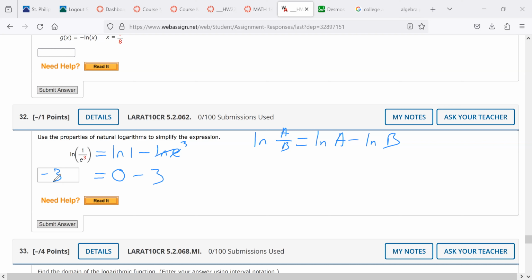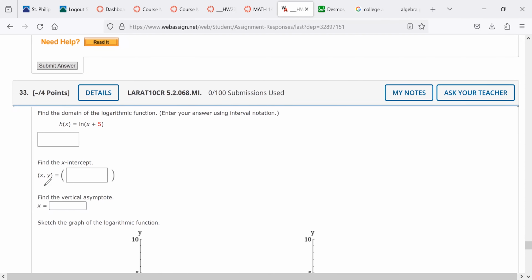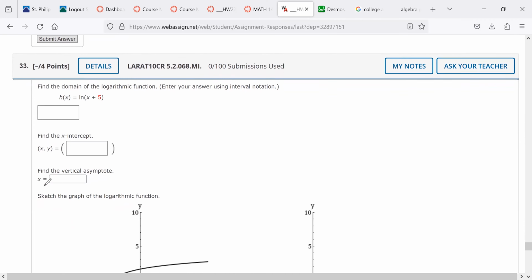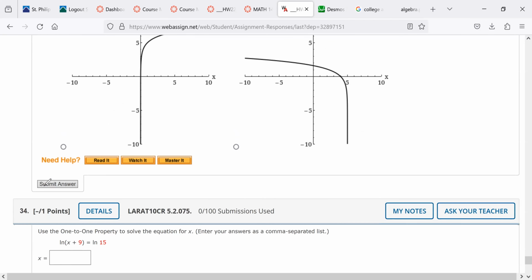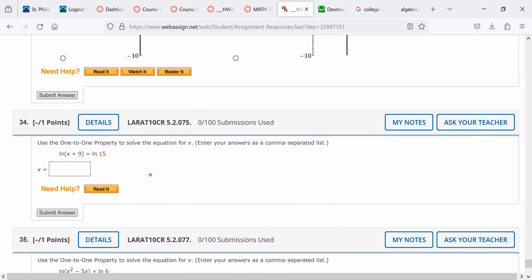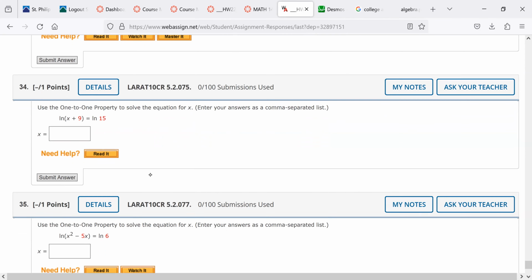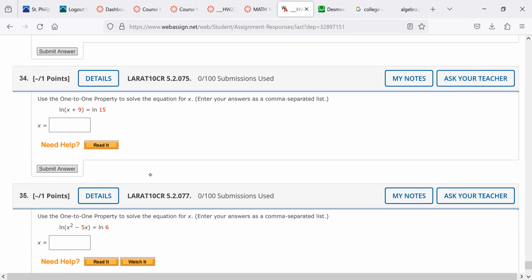All right, so not too bad, right? The same as before with the graphs. Here they want us to solve. But do you see what the base is going to be? Or sorry, ln, right? You see it's going to be base e.